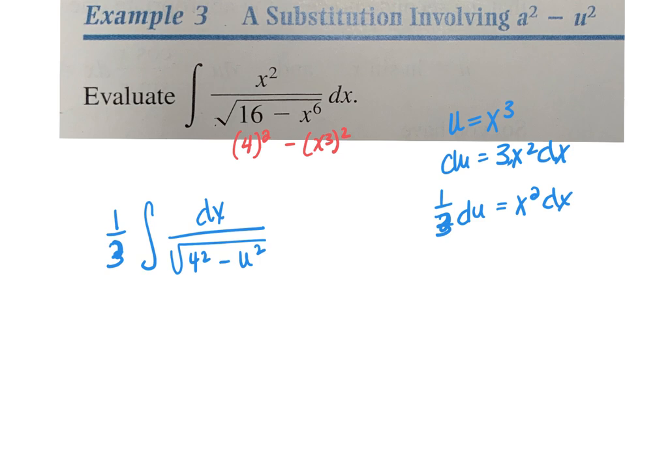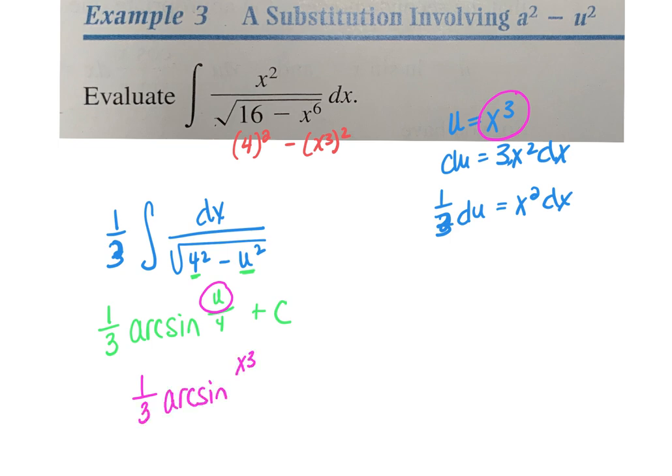My arc sine is what, 1/3 is going to go there. And then I have arc sine of my function. What is my function here? Is just the u, right? Over the a, which is 4, plus c. And then I do want to go back and replace my u with what it was. So 1/3 arc sine x cubed over 4 plus c.